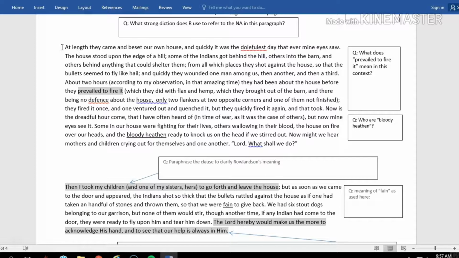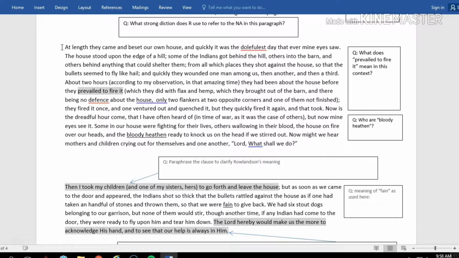The house stood upon the edge of the hill. Some of the Indians got behind the hill, others into the barn, and others behind anything that could shelter them. From all which places they shot against the house, so that the bullets seemed to fly like hail, and quickly they wounded one man among us, then another, and then a third.